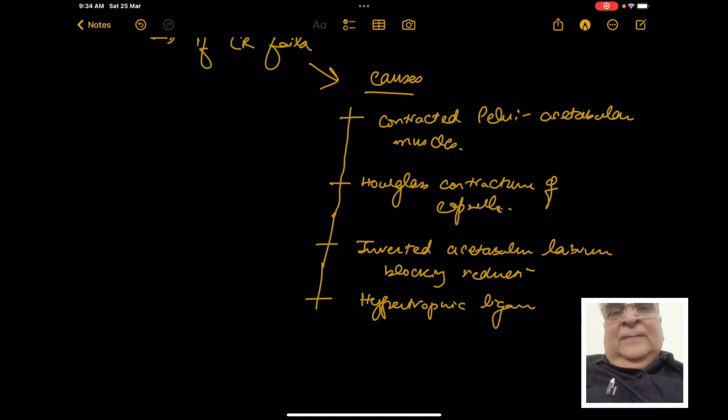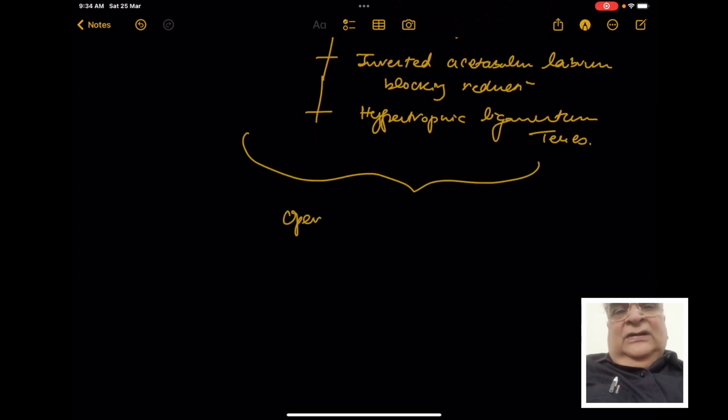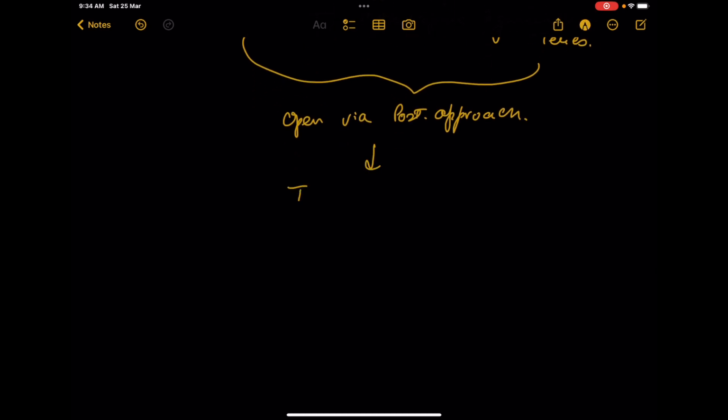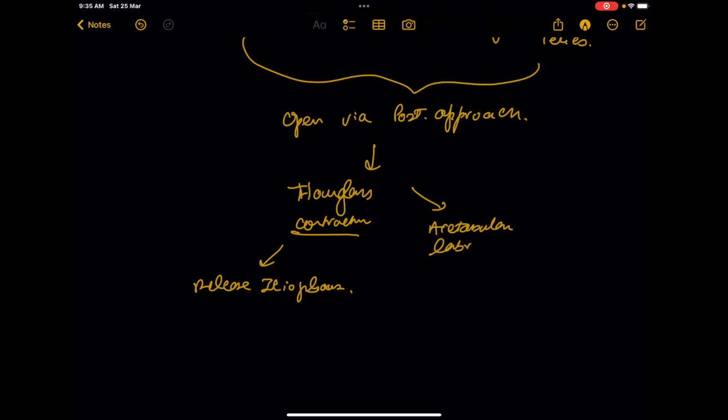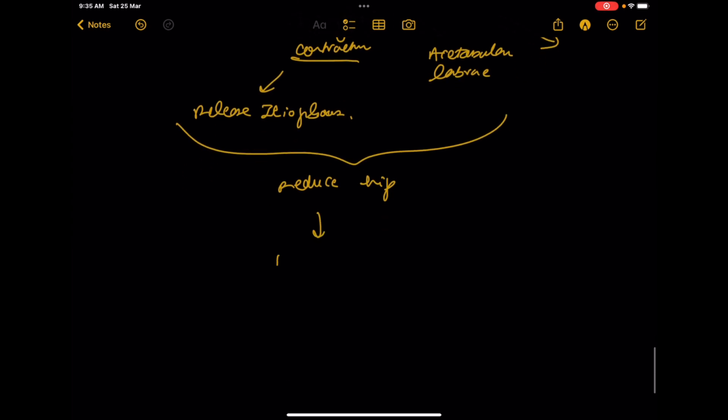In this case, we would open the hip by a posterior approach, take care of the hourglass contracture by releasing the iliopsoas from the lesser trochanter, take care of the inverted labrum acetabulare, take care of the depth of the acetabulum, reduce the hip and fix the posterior rim of the acetabulum to provide stability.